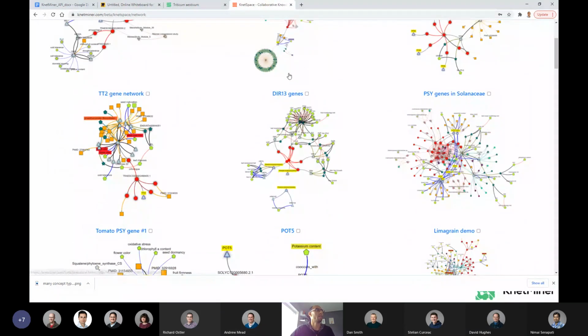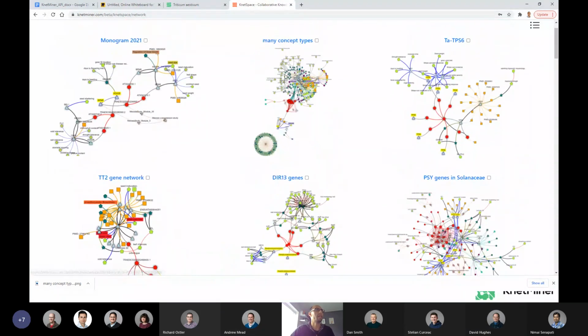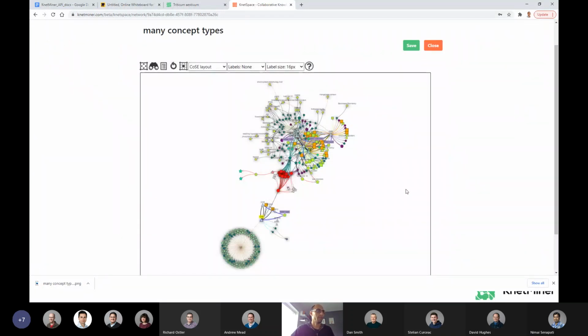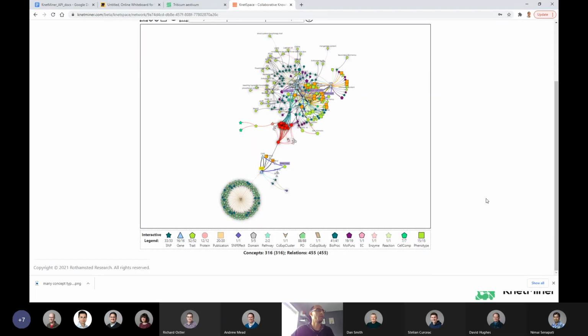Okay, so let me show you an interactive version of a knowledge graph. Let's take this one here. Remember again, we've got different types of nodes and edges. At the bottom here, for this specific knowledge graph, you see the different types of nodes.